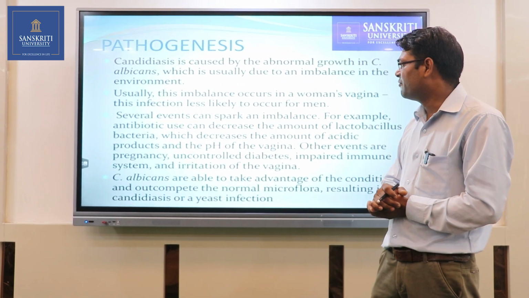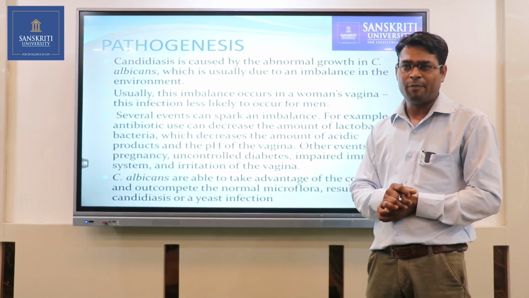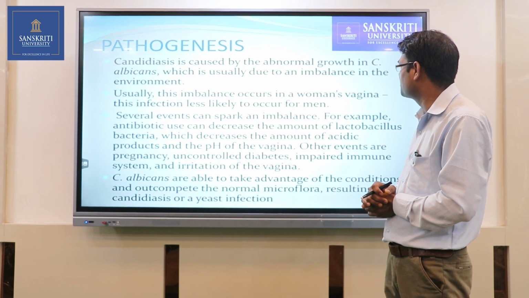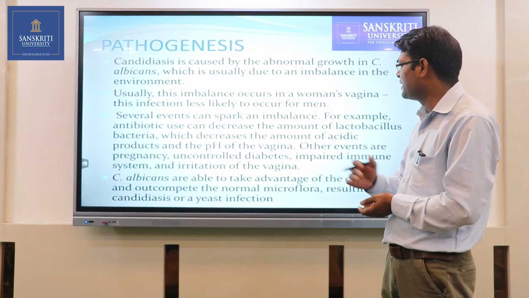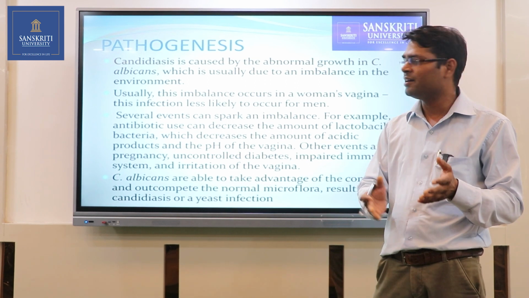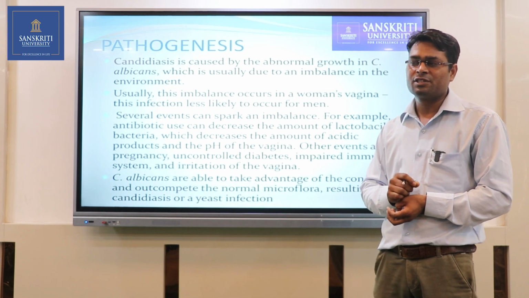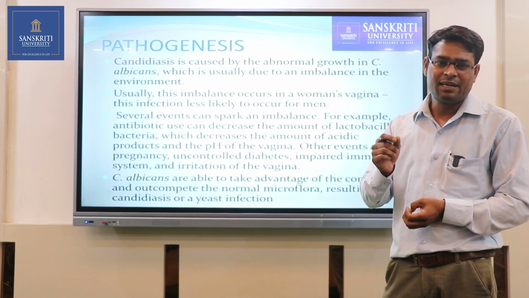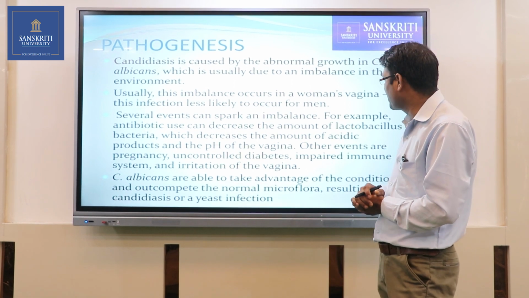Pathogenesis: if we talk about the pathogenesis, as I told you, it is an opportunistic microorganism, an opportunistic fungus, which can cause infection in healthy patients and in those patients who have a weak immune system. So the weak immune system is the key responsible factor for candidiasis infections.